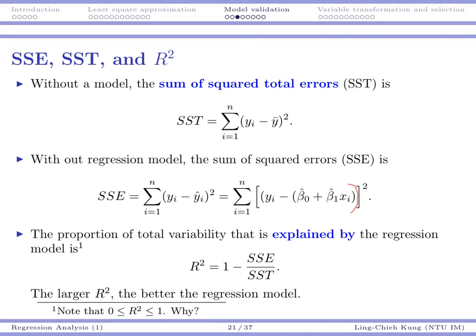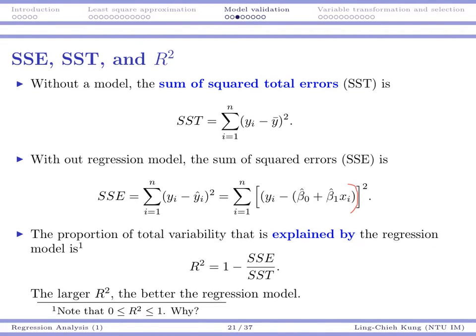So we are going to use this formula to define this value R², and the larger R², the better the regression model. And it has a physical meaning. R², this number, tells us the proportion of total variability of our dependent variable that can be explained by our regression model.